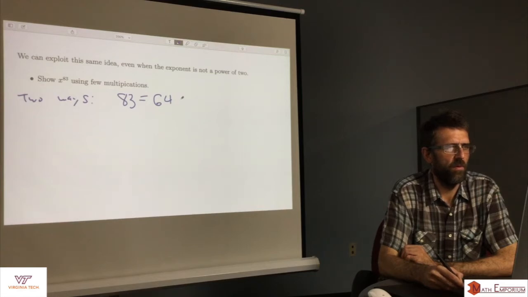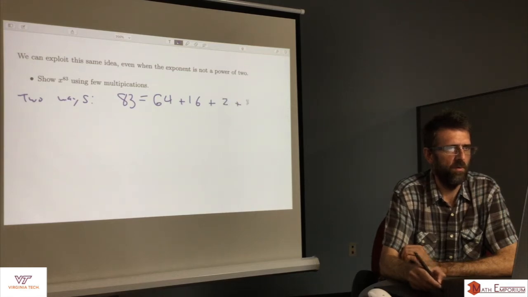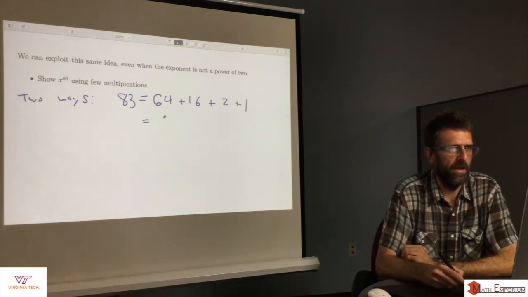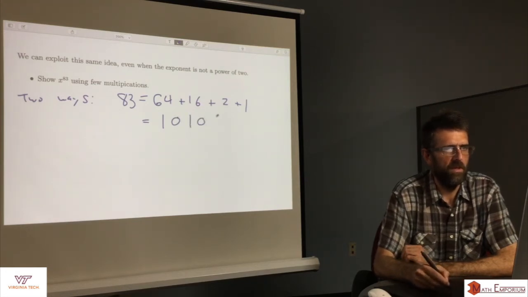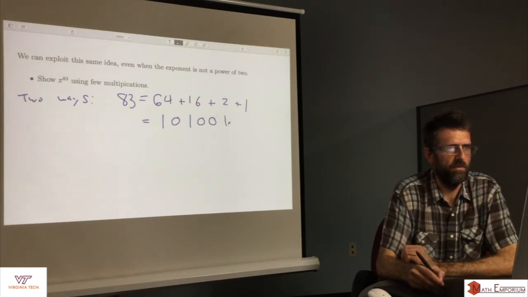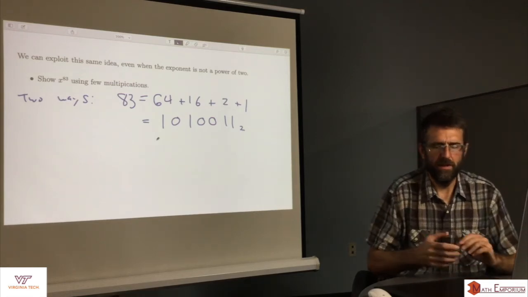Looks like it's 64, plus 16 gives me 80, plus 2 plus 1. So binary, so 64's place, 32's place, 16's place, 8's place, 4's, 2's, and 1's. Okay, so there's 83 in binary.